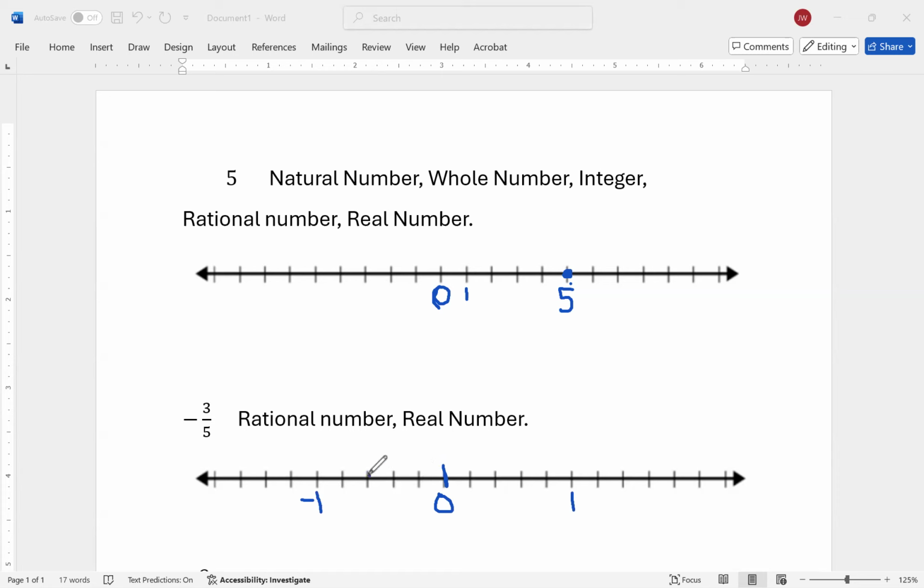I move 3 1/5 units to the left. And that would be my point of -3/5 right there. So depending on how I make the labels on my number line, that'll determine how I can plot the number.